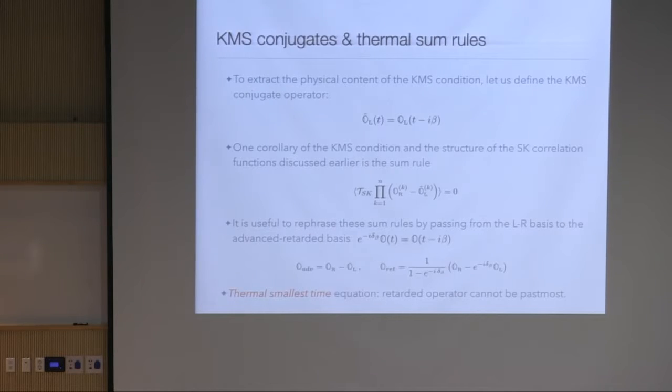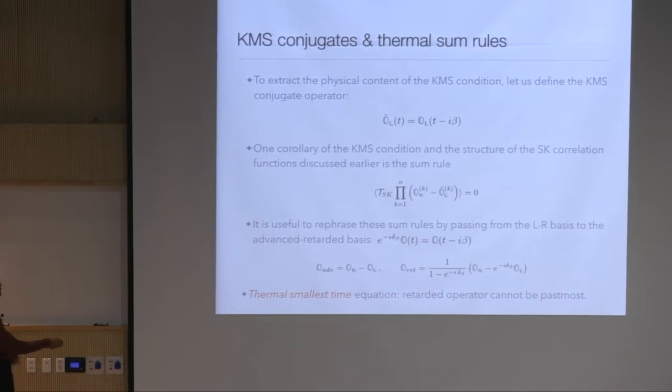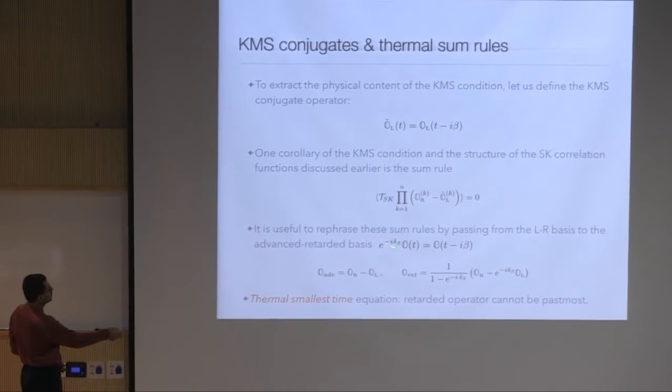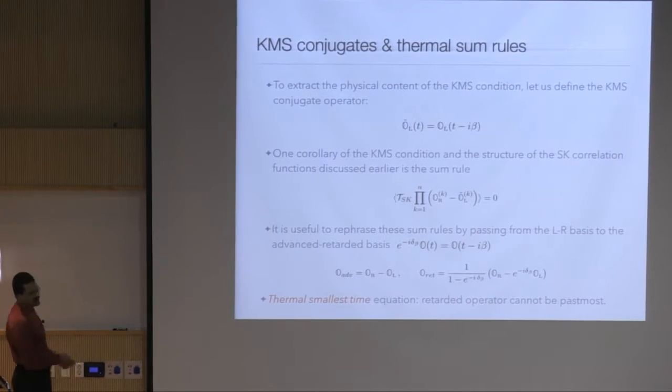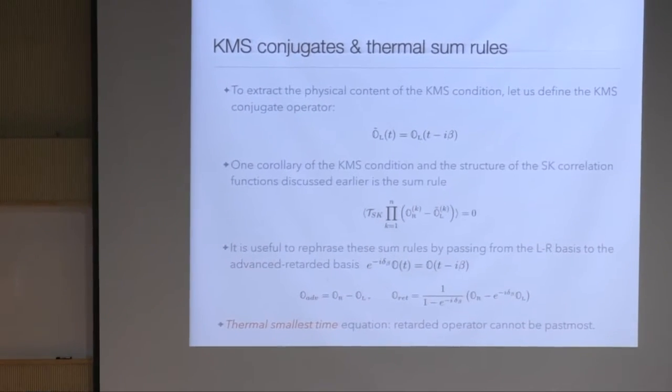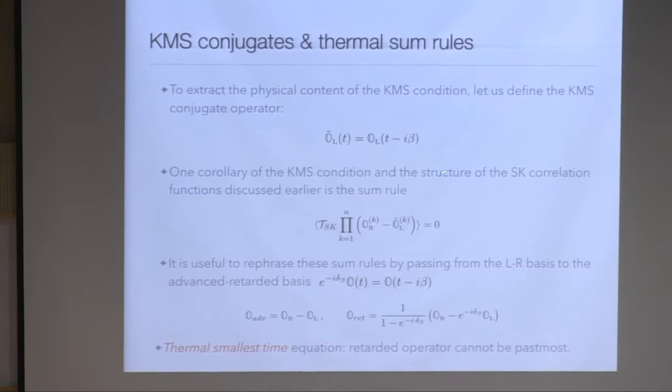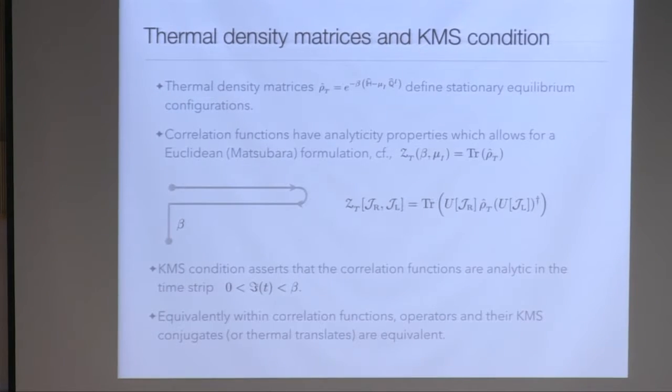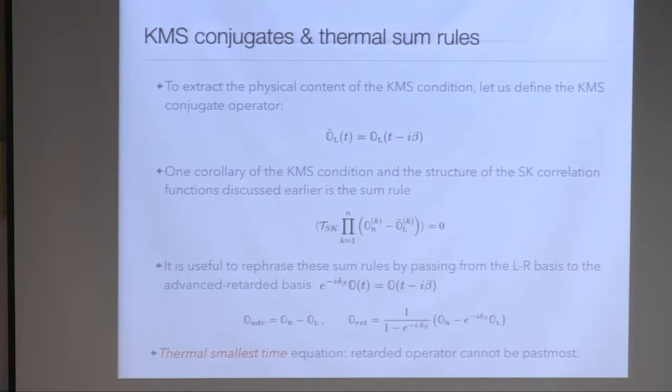Okay, so there are many ways to write this. Don't worry about this advanced retarded; the advanced retarded is just another basis. What I want you to pay attention to is this little operator delta beta, which acts like an imaginary time translation. Because these relations come from viewing this abacus with the imaginary time circle put in on the back, it also follows that there is another condition.